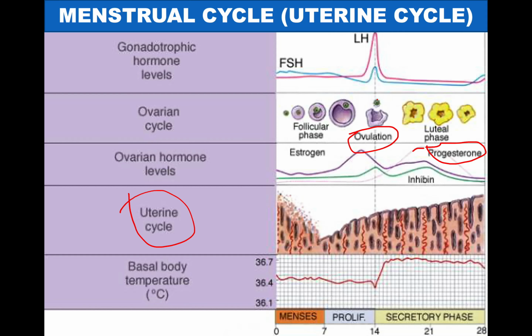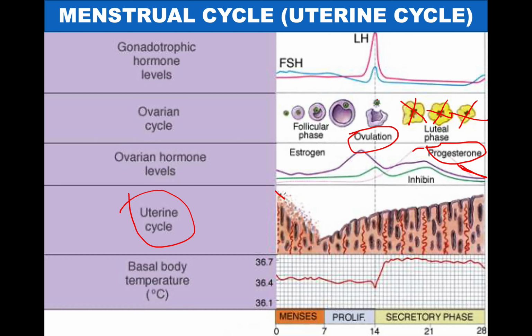But if this ovum is not fertilized, what happens? This corpus luteum is going to be destroyed. It's going to degenerate. Then the levels of progesterone are going to drop. And if the progesterone levels drop, what happens?